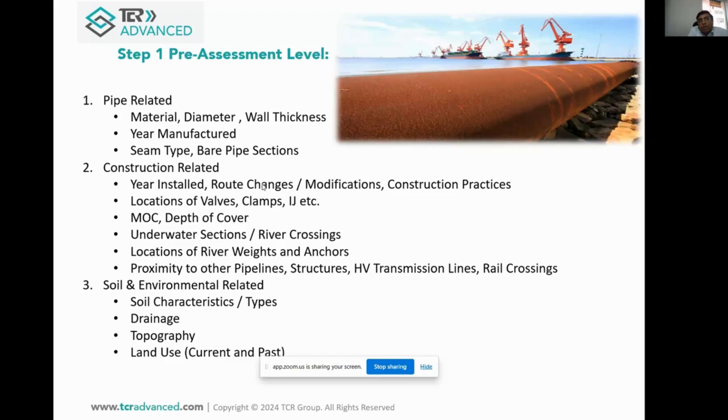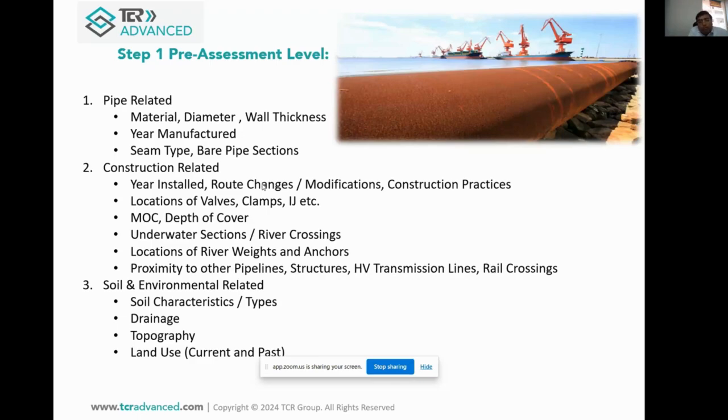Say, for example, you laid a pipeline 10 years ago in a rural area, but due to population growth and change in locality, it now comes under an urban area. So the class location will change. Then you can have locations of valves, clamps, IJ. The integrity of the IJ is pretty important, since for applying cathodic protection, isolation is very important.